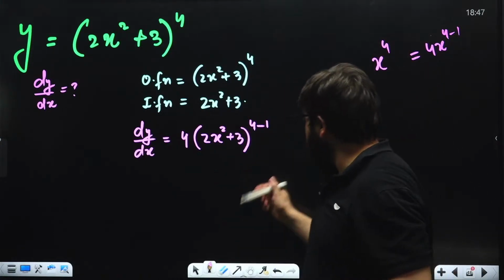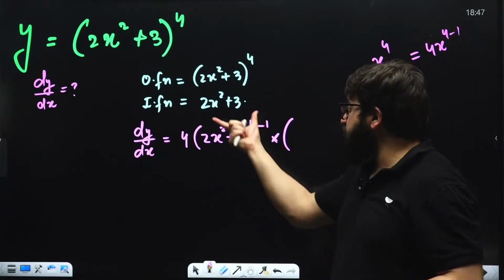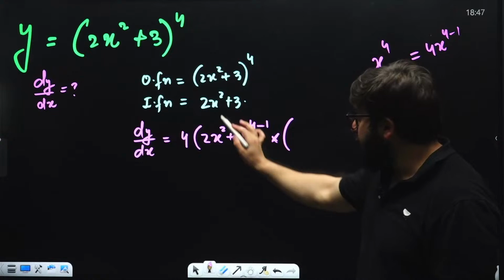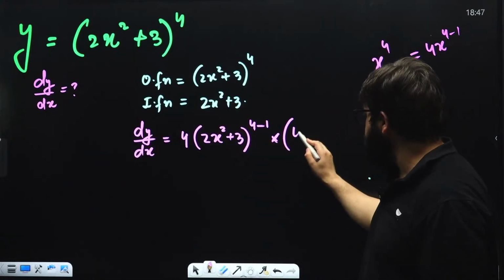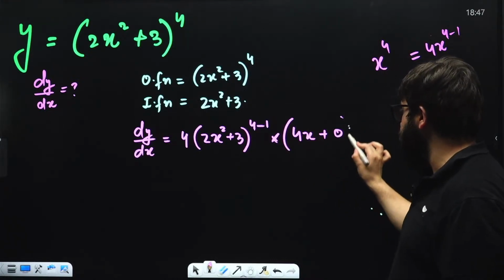And then you have the inner function. How do we differentiate the inner function? That is the differentiation of this one. For 2x square, it will be 2 into 2, that is 4x, plus for 3, it will be 0.